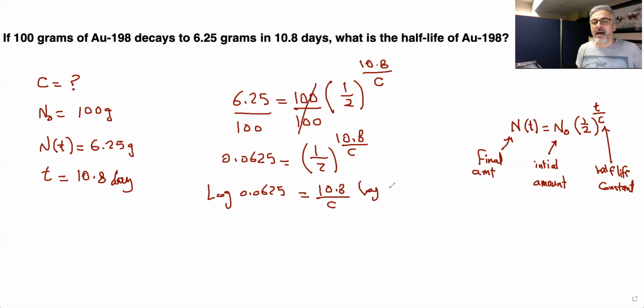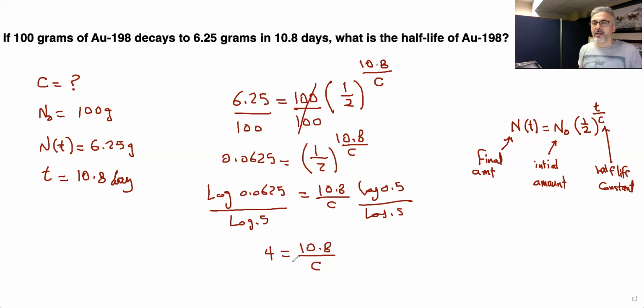Log a half, or if you wish, 0.5. Divide both sides by log 0.5. This gives me 4. So 4 equals 10.8 over C.